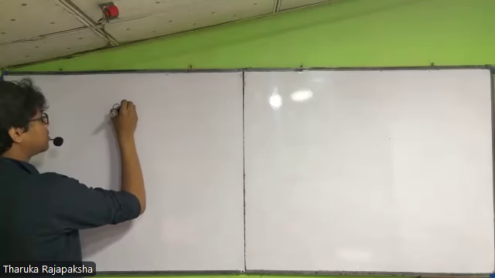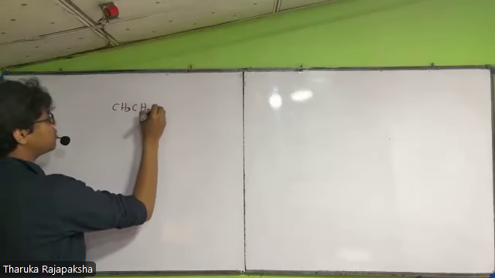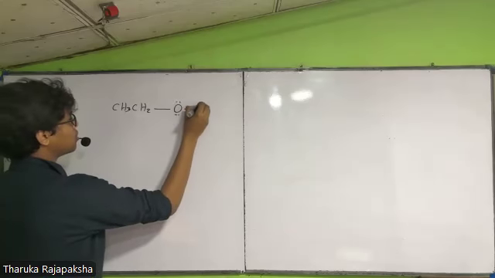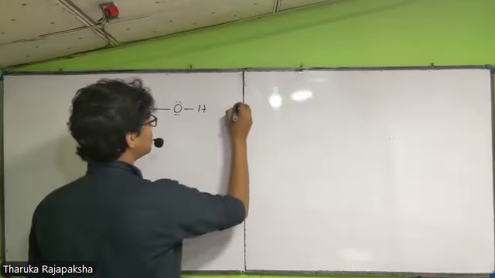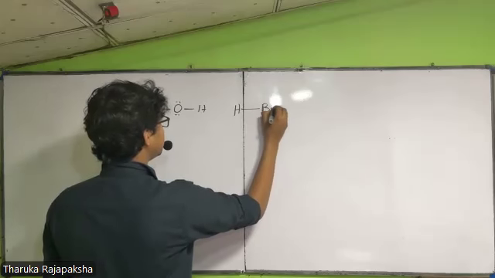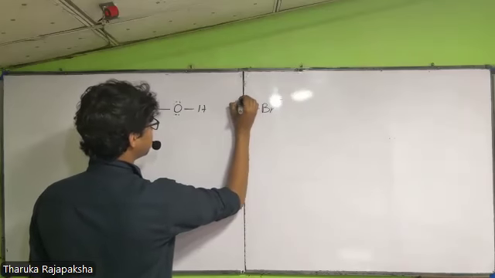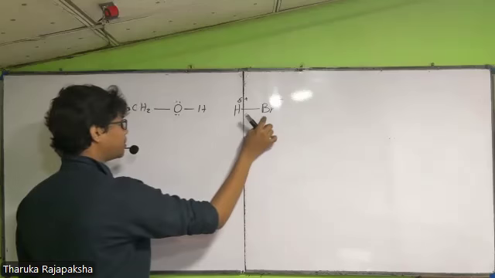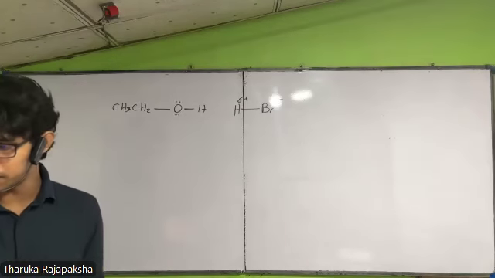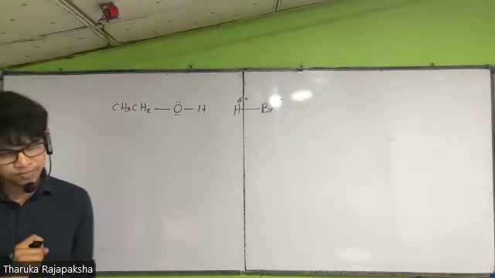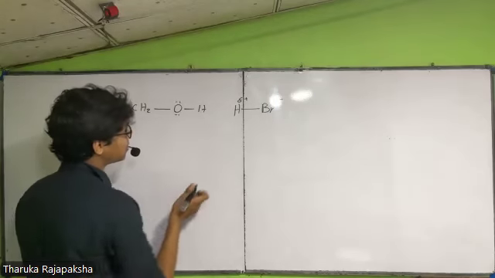I'm going to put this compound, CH3CH2OH. So HBr in this medium gives Br minus and H plus. The electronegativity of bromine is larger than that of hydrogen, so bromine pulls the electrons of hydrogen easily, making the hydrogen positive.